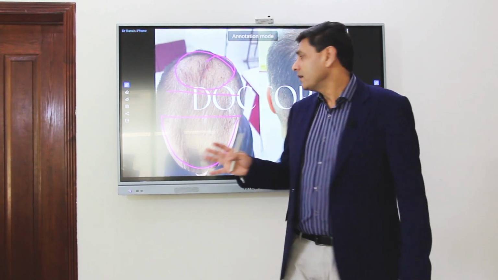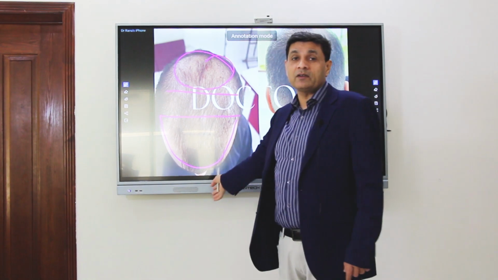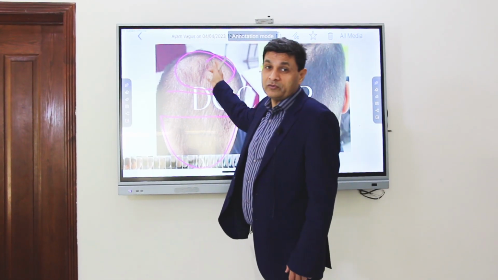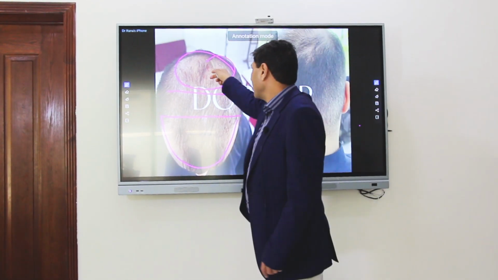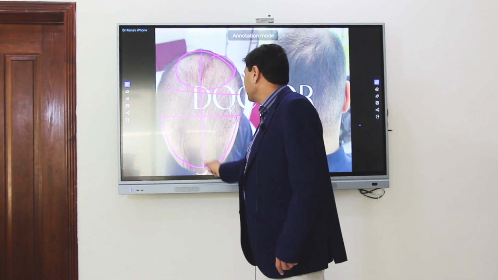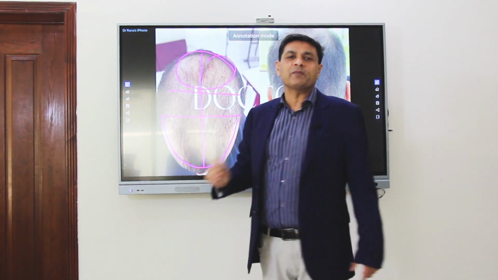It means you can calculate how many grafts he has lost from this area by the length and width of this baldness.